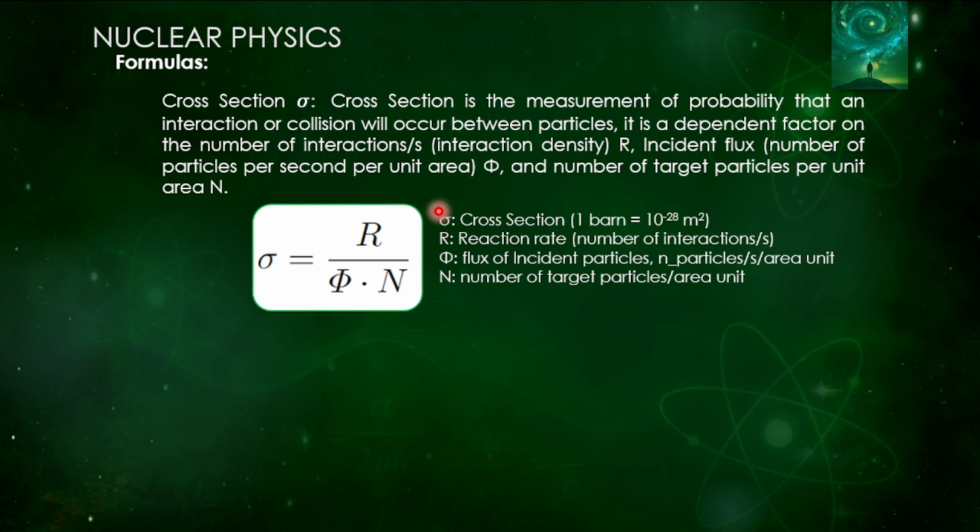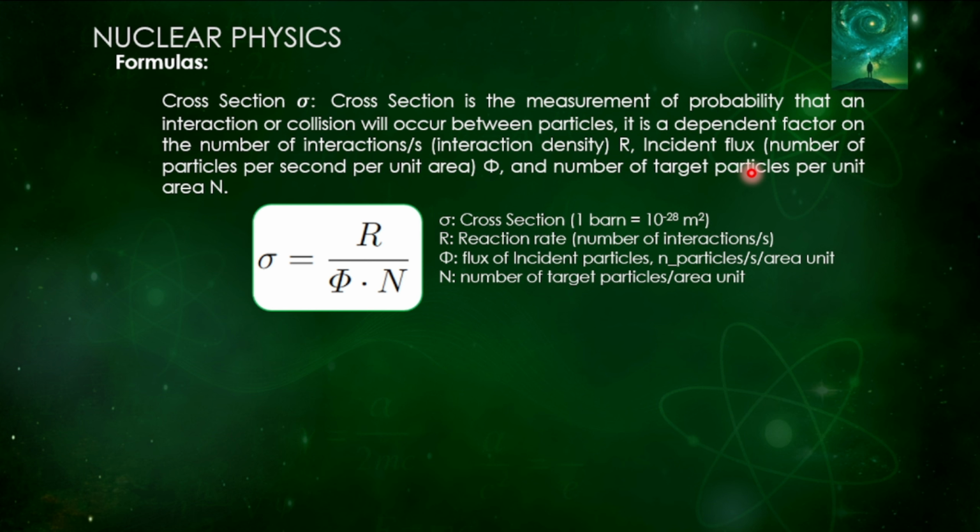So let's back up a little bit. Sigma, the cross section, depends on R, the number of interactions per second. Then also the incident flux, the number of particles traversing a unit area, let's say 5 centimeters square, per second, and the number of target particles located in that area.